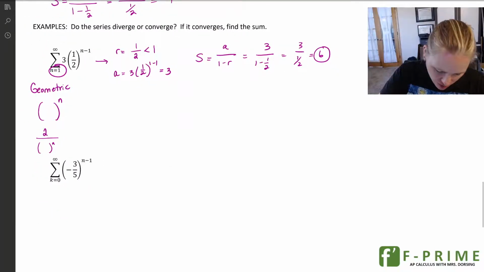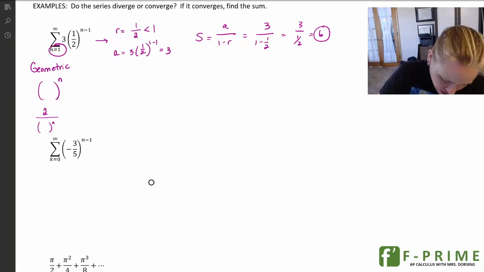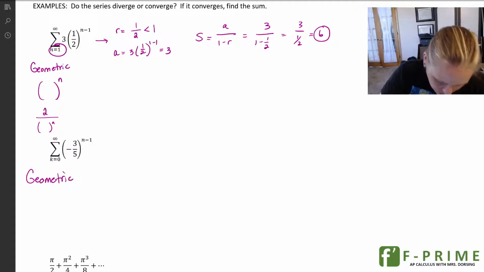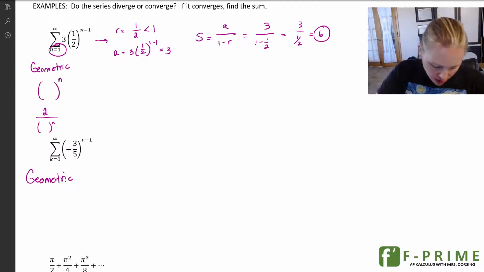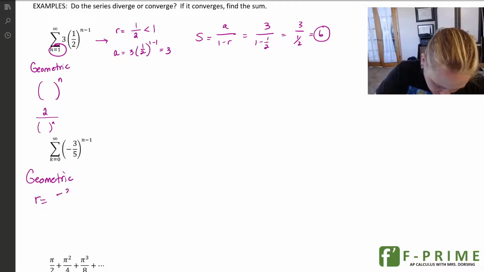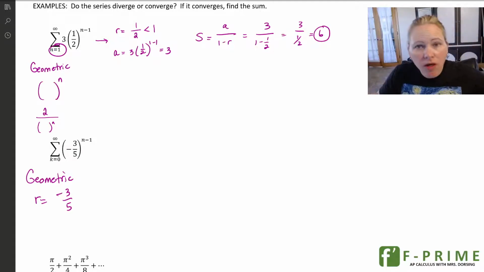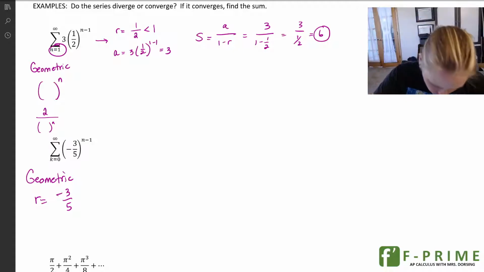So let's try this next one. I have this power -3/5. This is obviously geometric. If you notice that it's geometric, you can just jump to that. So geometric, here r is -3/5. That's between 1 and -1, so it's going to converge, so I'm good.